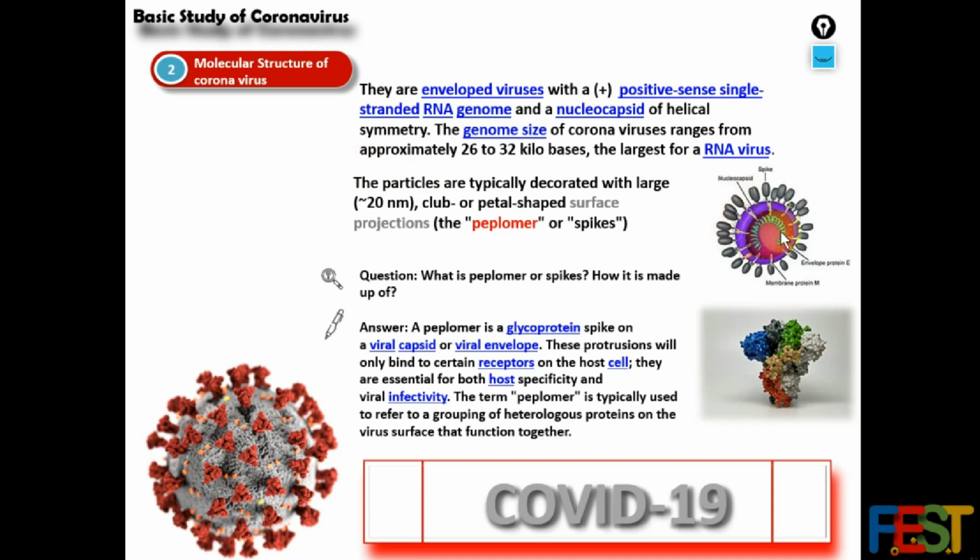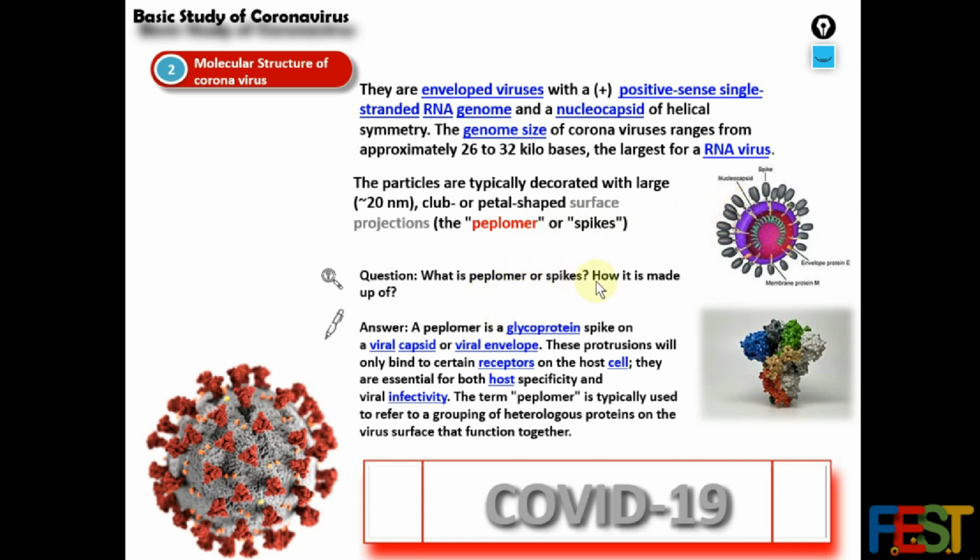You can see the figure here. The particles are typically decorated with large, 20 nanometer club or petal-shaped surface projections, called peplomers or spikes.